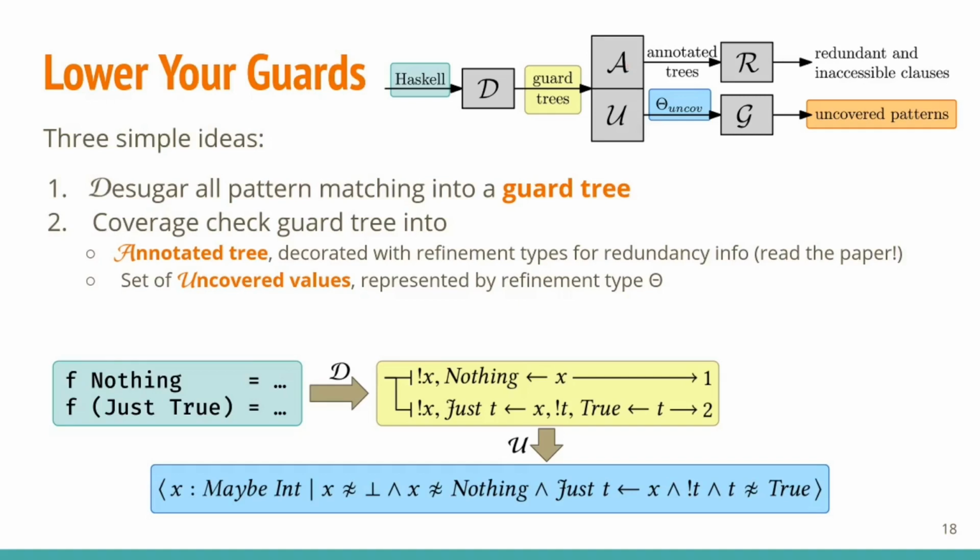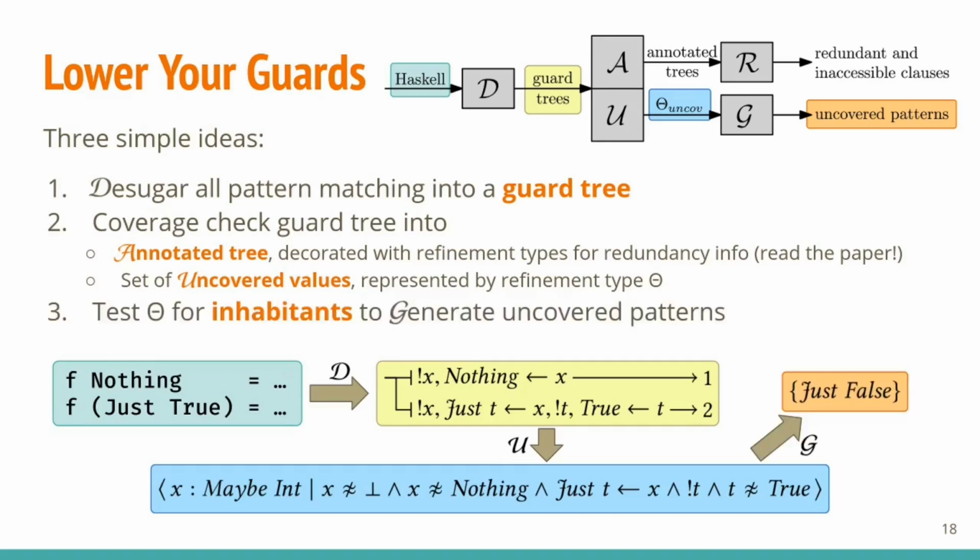If you want to know more about this part, I encourage you to read the paper. U computes the set of values that weren't covered by any clause as a refinement type theta. And then all we have to do is report the inhabitants of theta as uncovered patterns of the definition.